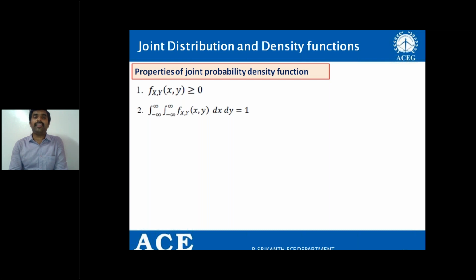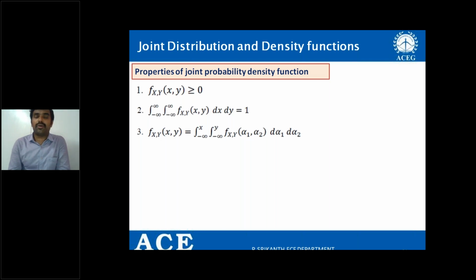In fact, we take the double integration, that is volume, which is equal to 1. Integral from minus infinity to plus infinity, integral from minus infinity to plus infinity, with respect to the two variables dx and dy, of f_{X,Y}(x,y) is equal to 1. Am I clear?